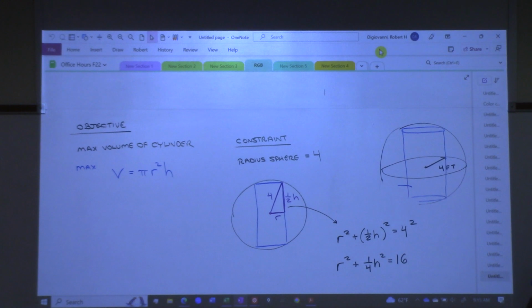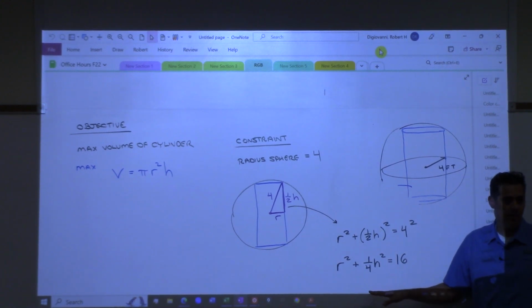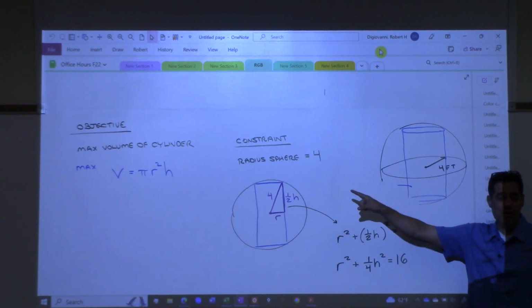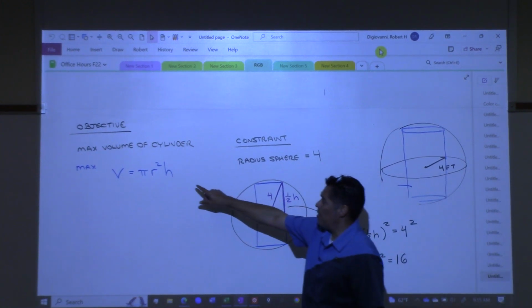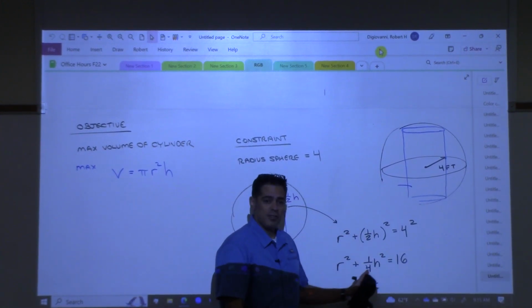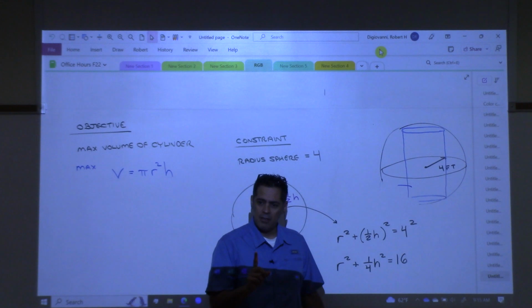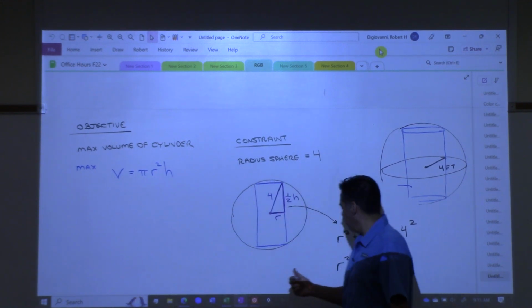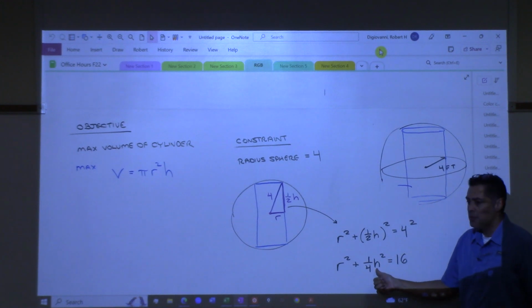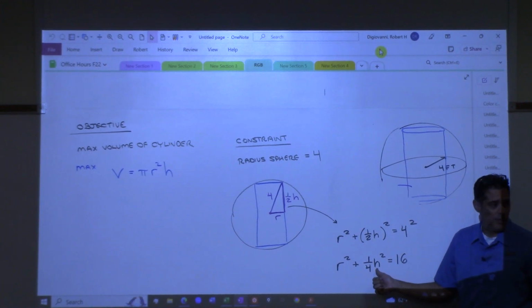Now, you have a decision to make. Do you want to solve this for r, or do you want to solve this for h? Because whatever you do, you got to plug back in over there. So it seems natural to want to go for h because h is right here, right? You can just solve that for h. But don't we also have r squared? See, if we solve for h right here, do you agree that we will have to take a square root at some point?